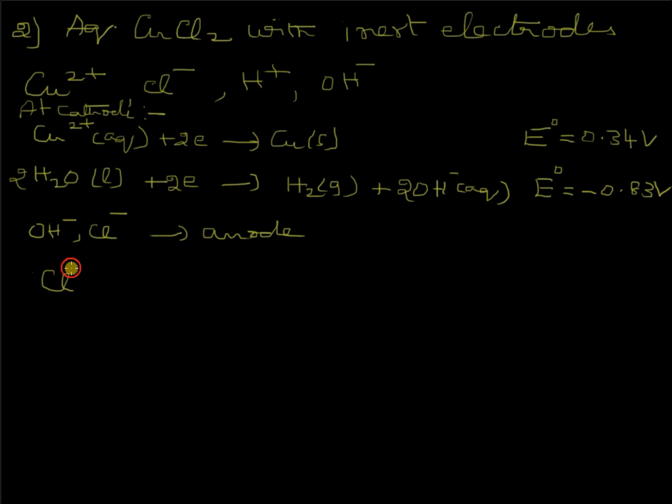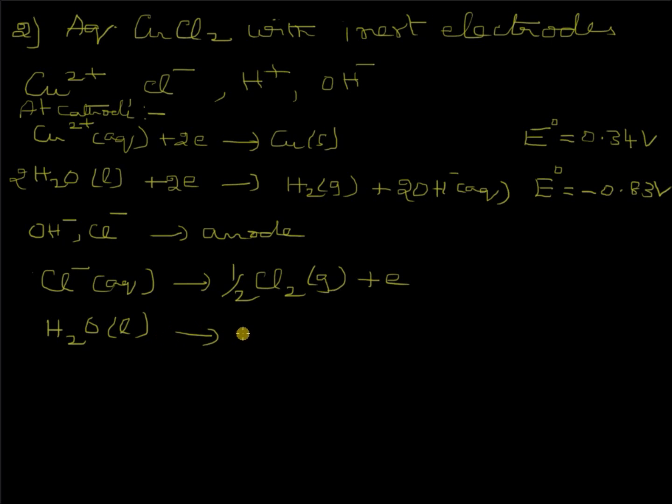So Cl- ion will form half Cl2 gas, giving up that electron, and for water, oxidation would be H2O liquid giving 2H+ aqueous plus half O2 gas plus 2 electrons.